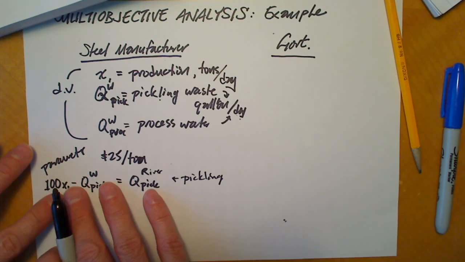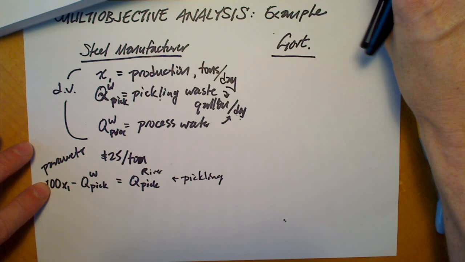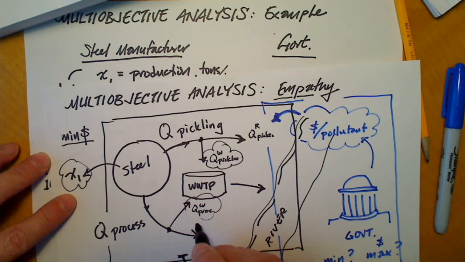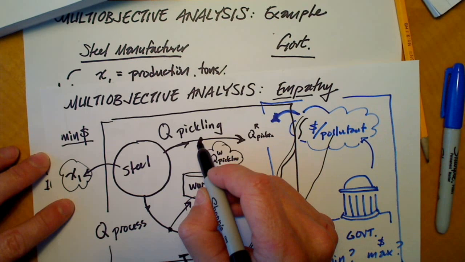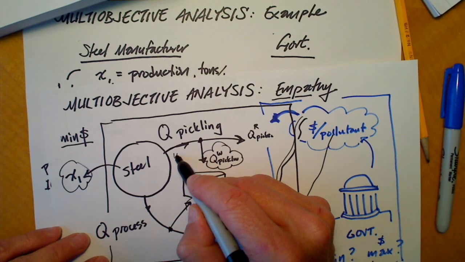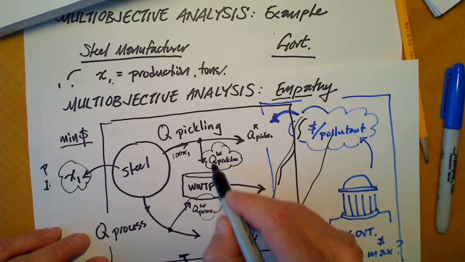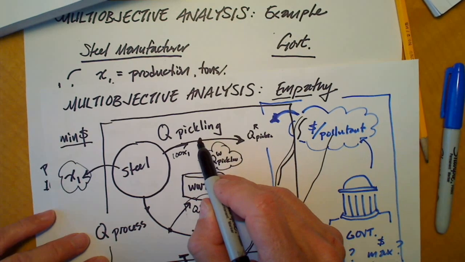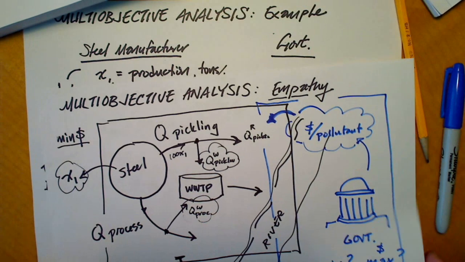So what I've created here is this balance constraint, and it's equality because there's no storage at this node. What comes out is 100 X1, and it must equal what goes to the treatment plant and what goes into the river.